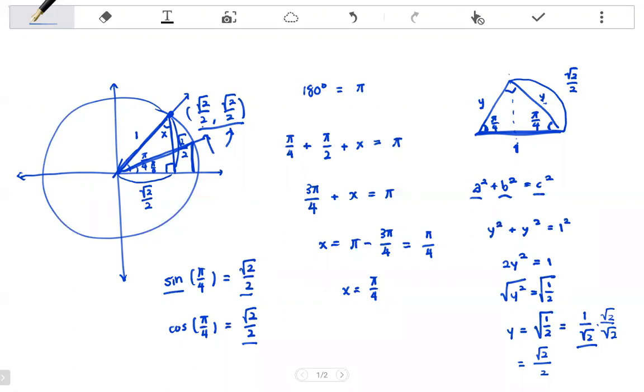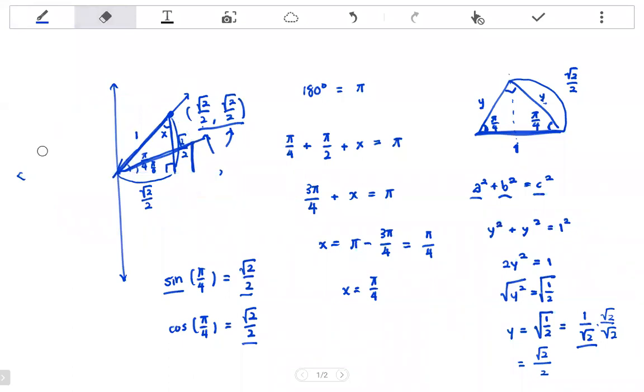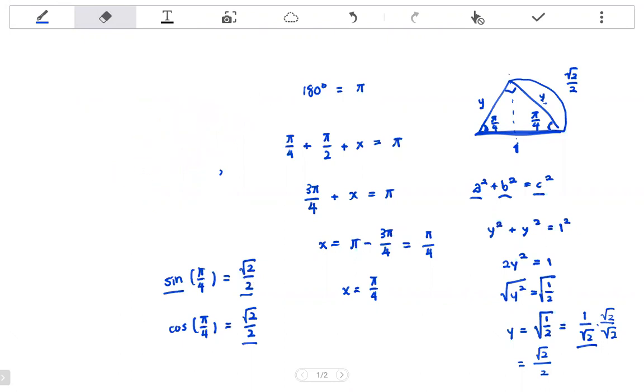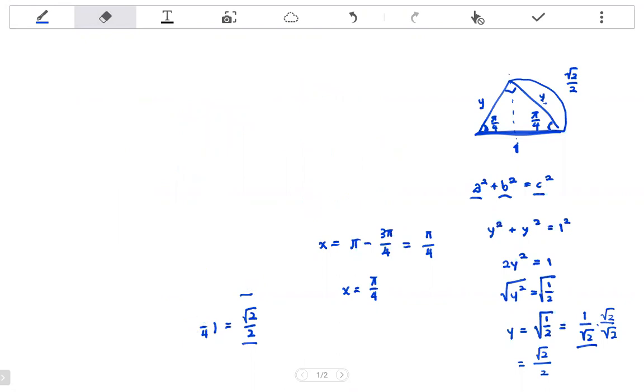You'll do that later. So that's basically what special angles are. Some special angles you can get the answer to very easily, like sine pi over 4, square root of 2 over 2. You'll just have to memorize that. But we just went over how we get square root of 2 over 2 in this lesson.